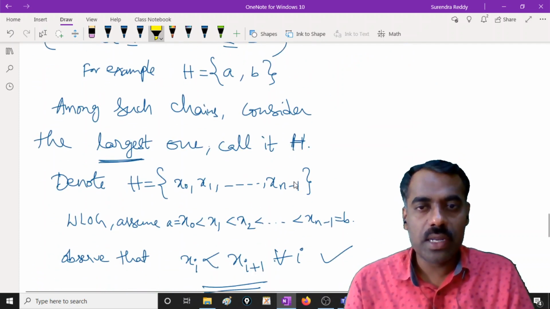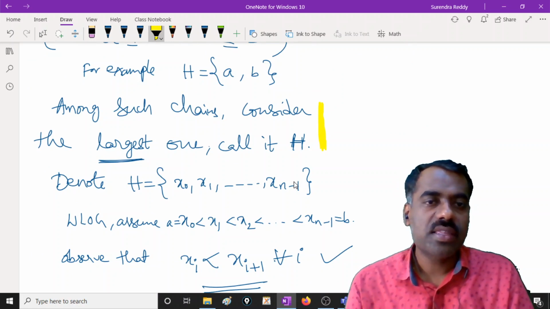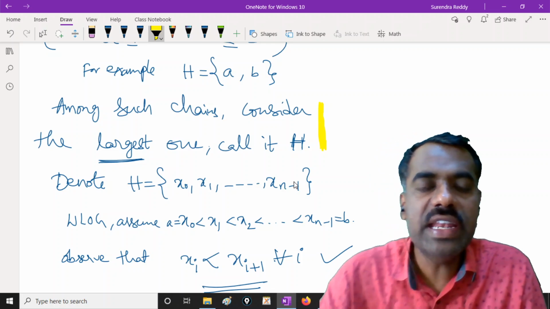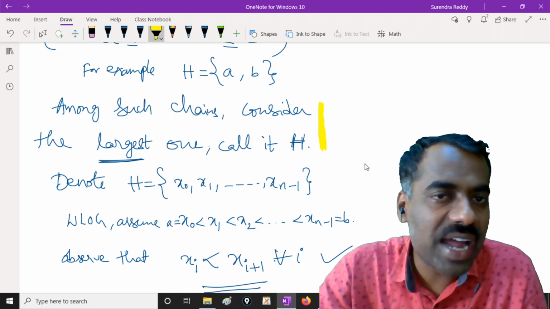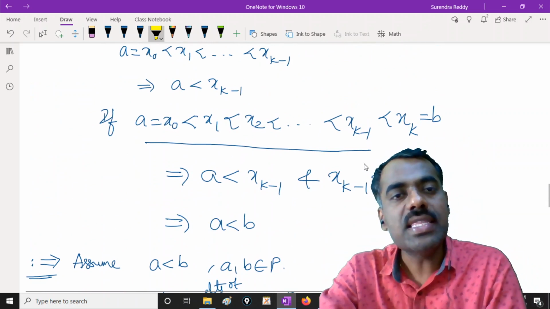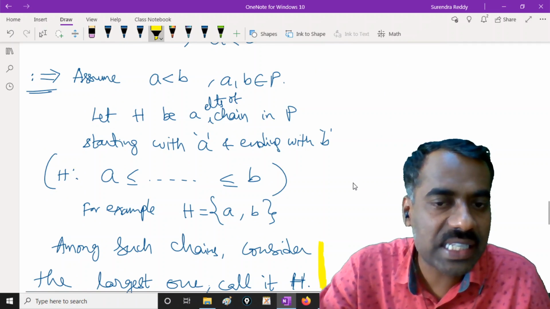The existence of such H is possible only in the finite case. If your poset is not a finite poset, then there is no guarantee that such a largest is possible. Is this clear?